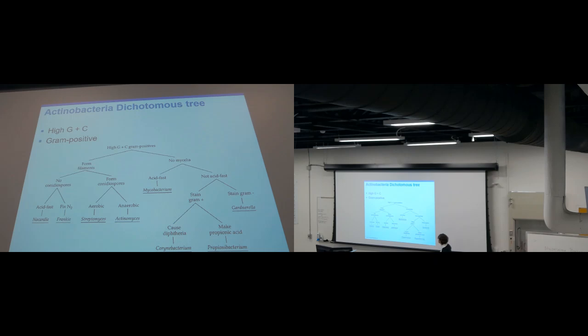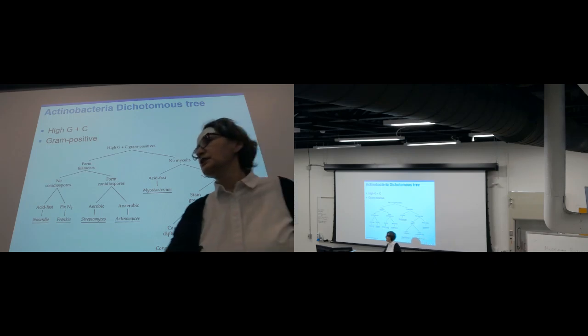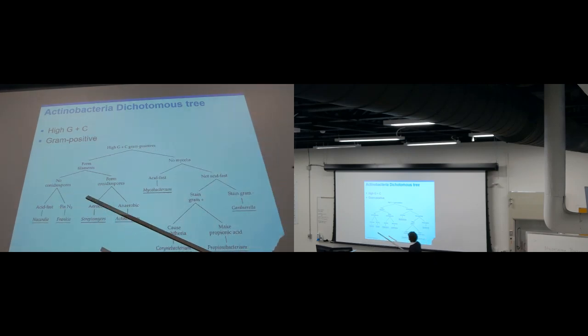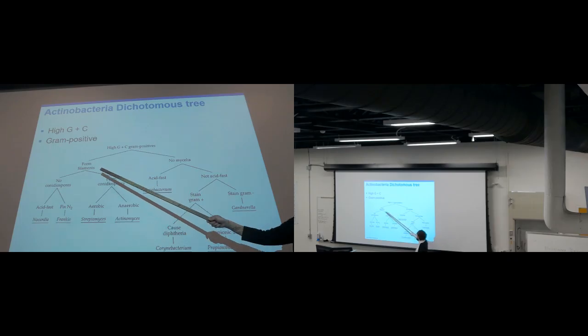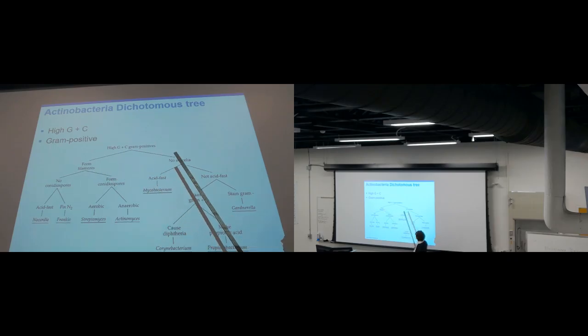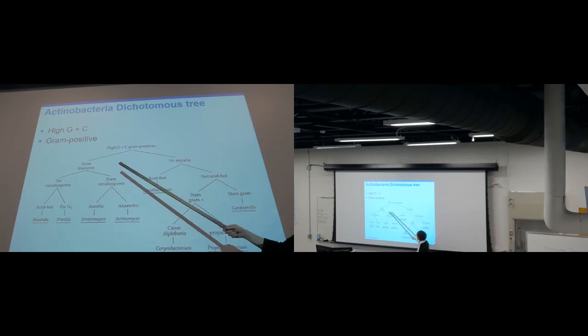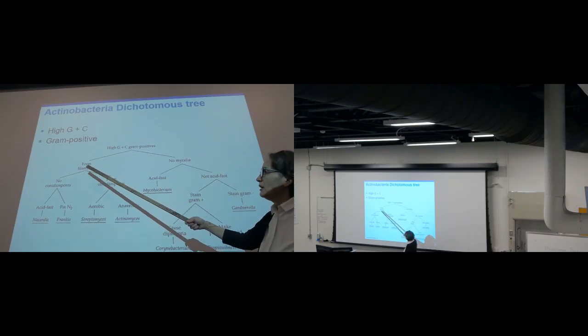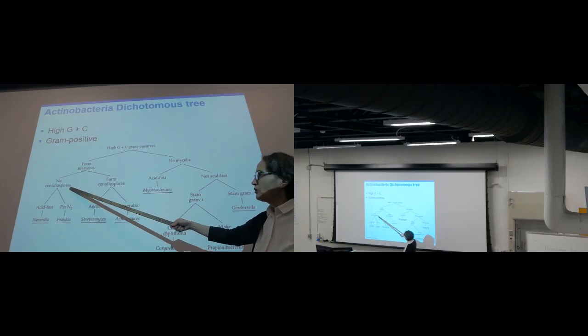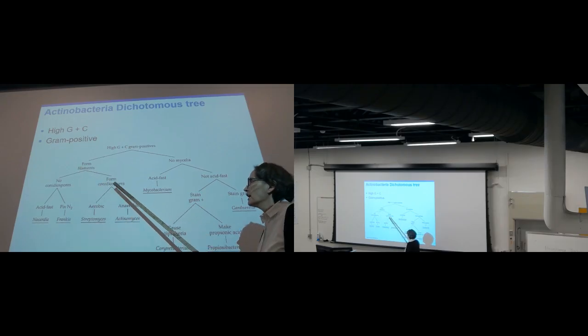Now let's look at the high G+C. High G+C bacteria can be subclassified as those that form filaments and those that don't form filaments. Another name for filaments is mycelia. So these ones have mycelia, and these ones don't. For the ones that have mycelia, they either cannot have conidiospores or they can.